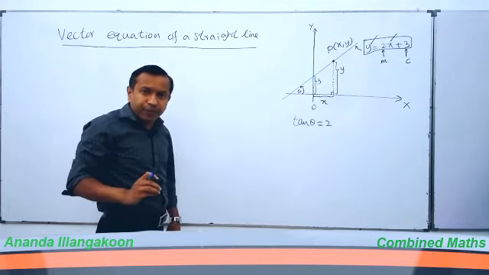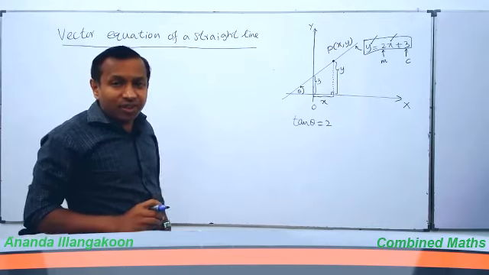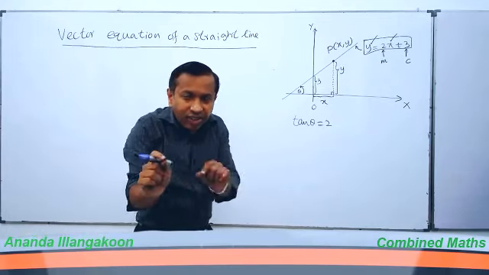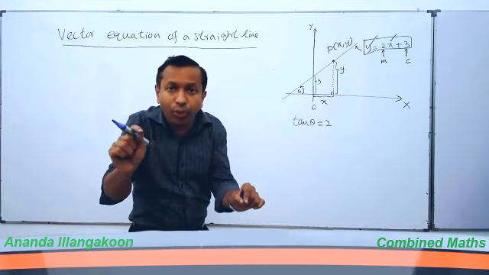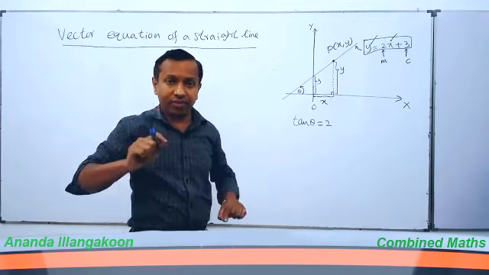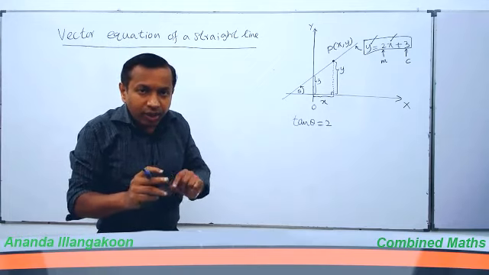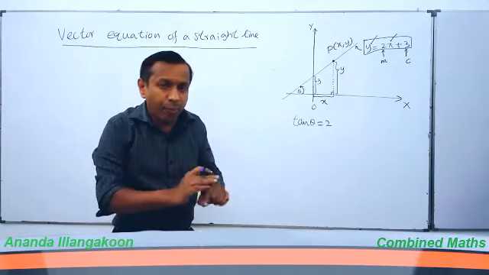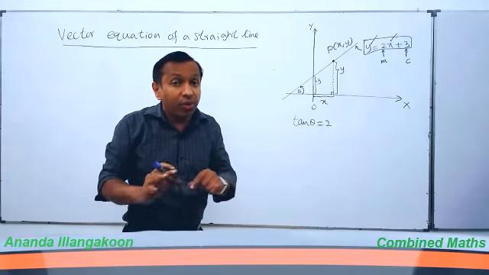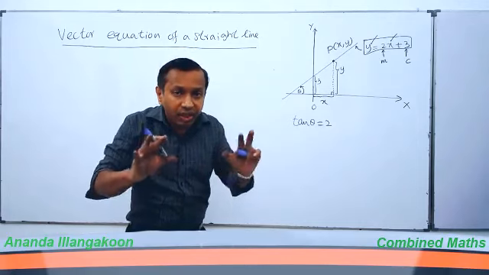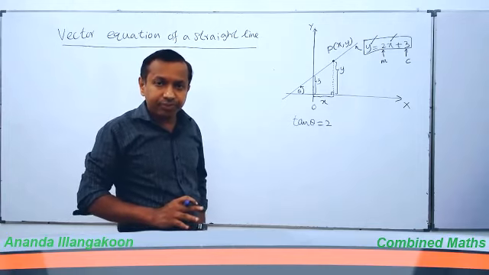Then what is meant by the equation of the straight line? It means the general relationship between the x coordinate and y coordinate of any point on the line. Understood? The common relationship between the x and y coordinates of any point on the line is called the equation of the straight line.